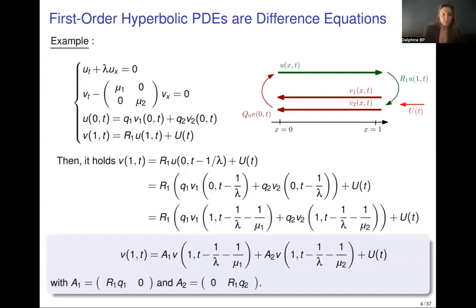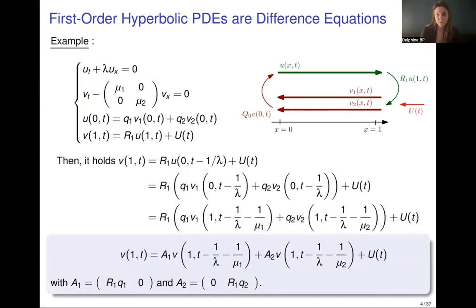So in the end, we get what is called a difference equation, meaning a relation between V1 at time t and V1 at past values of time. So this is an equation which does not involve a differential operator, right?